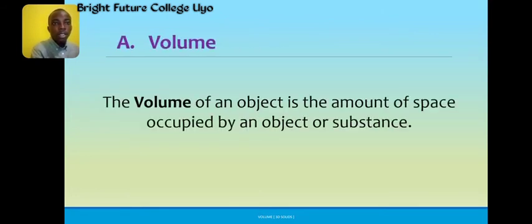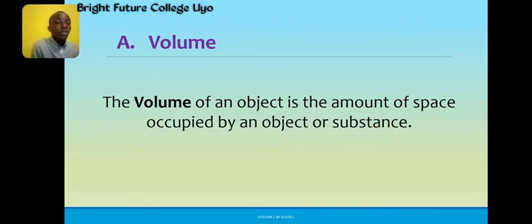So we go to volume now. Now, the volume of an object is the amount of space occupied by an object or substance. The amount of space it occupies is different from area. Area has to do with plane surfaces, but volume has to do with the amount of space it occupies.